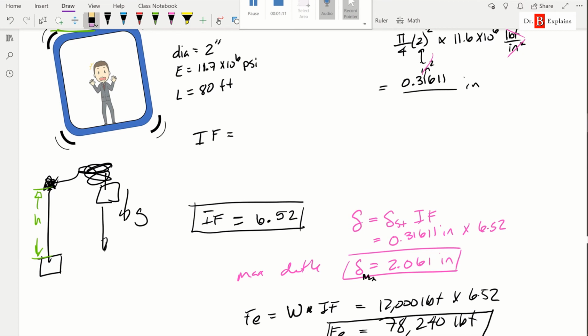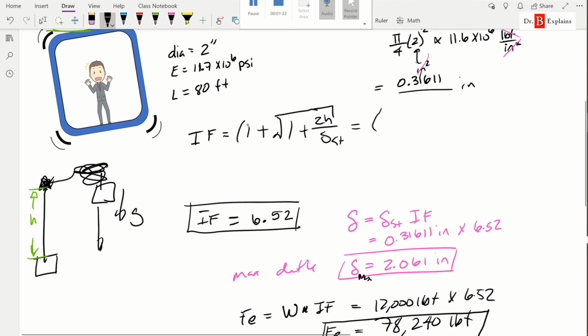So the impact factor for H, the formula is almost the same thing. It's 1 plus square root of 1 plus twice the height divided by the static deflection. So let's go ahead and put the values. 1 plus square root of 1 plus 2 times the height, so 2 times 80, and the height is in feet, so let me multiply it times 12 so that we have it in inches.